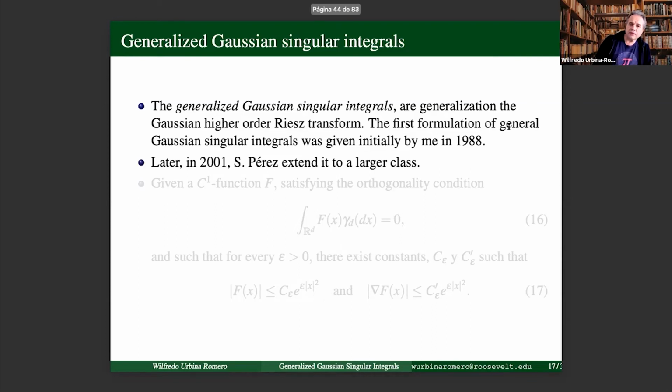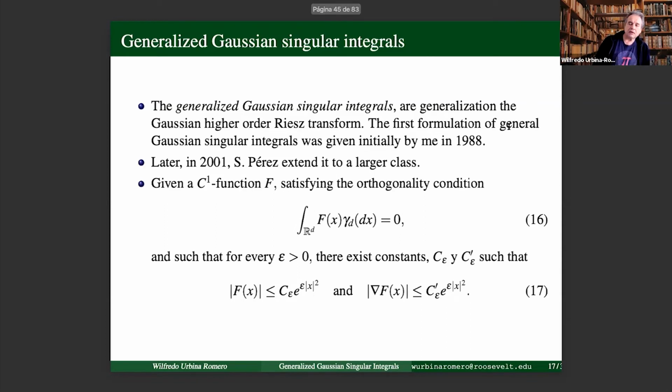But then Sonsoles got a much nicer characterization: any function that has this orthogonality condition, has integral 1 with respect to the Gaussian measure, and this growth condition, that the function and the gradient cannot go faster than e to the epsilon x squared.